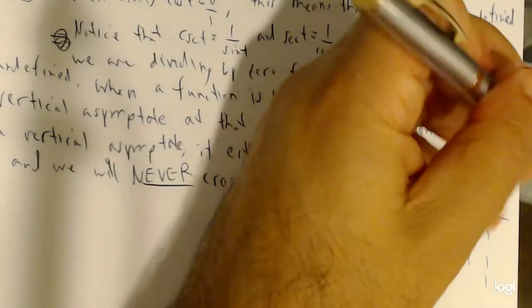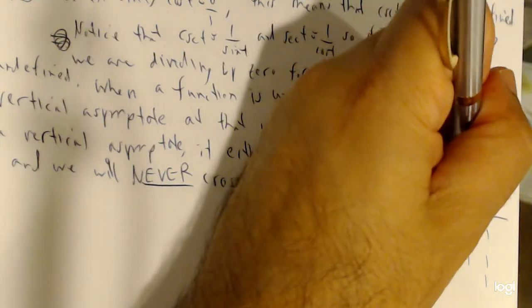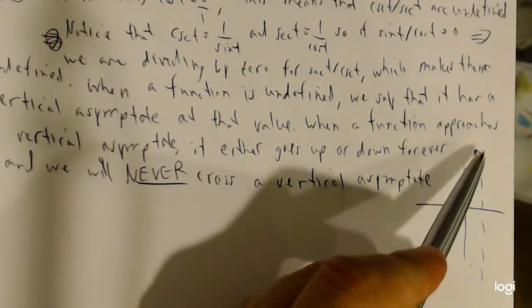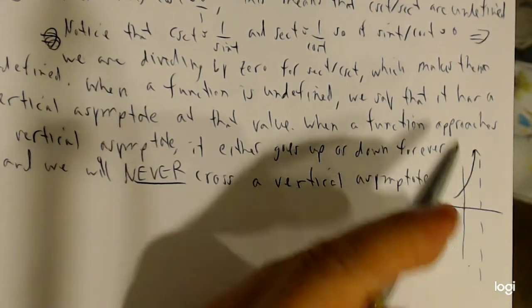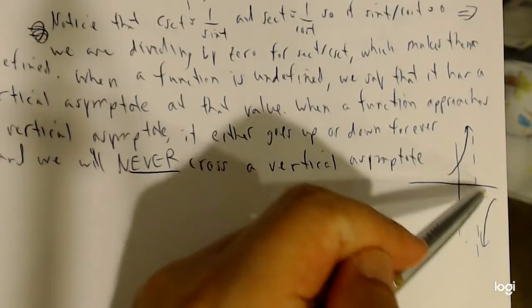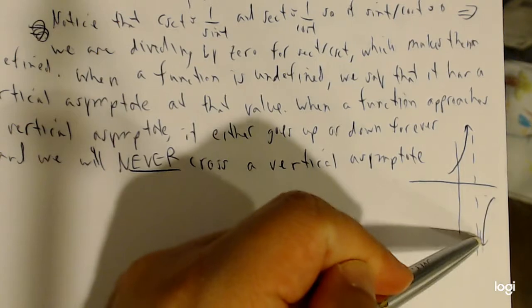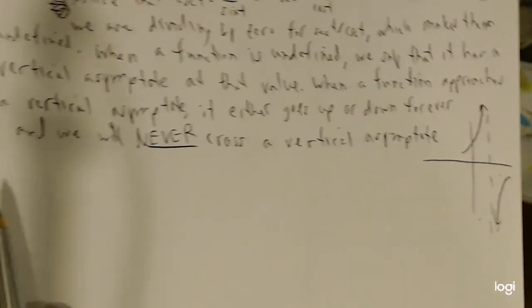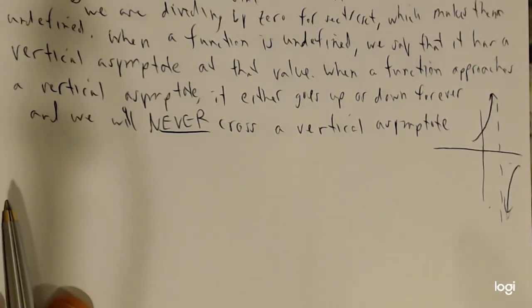When you approach the vertical asymptote from one side, it's either going to go up forever or down forever. We won't know which until we figure out what the y values are, but something like this. Notice how as you get close to the vertical asymptote, it bends and goes down forever or up forever, and it'll never cross the vertical asymptote.